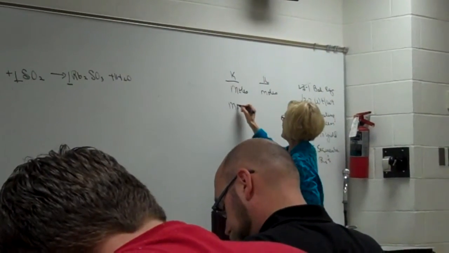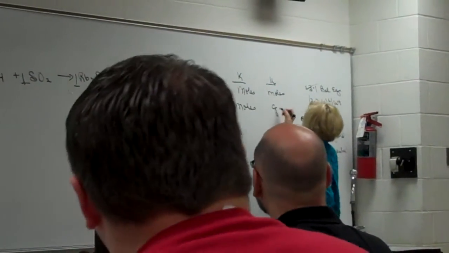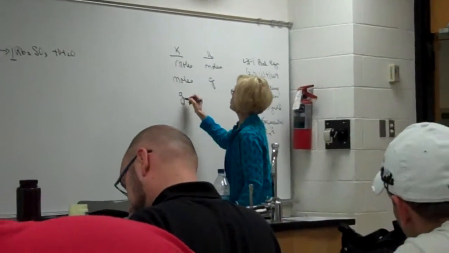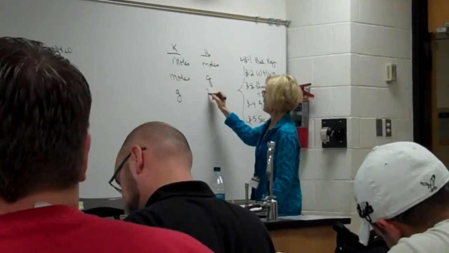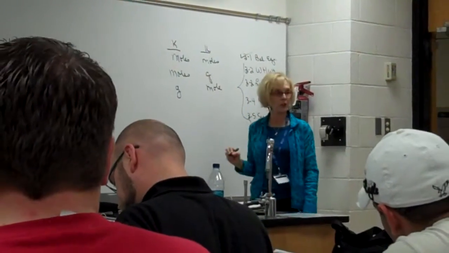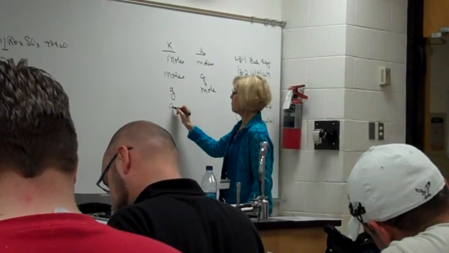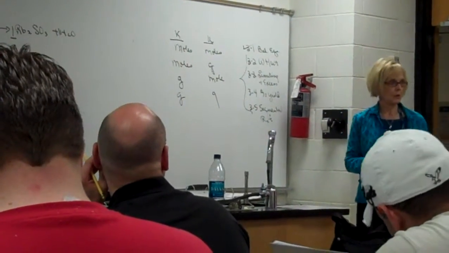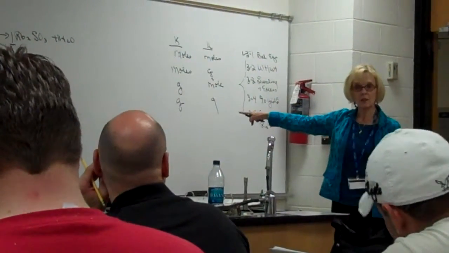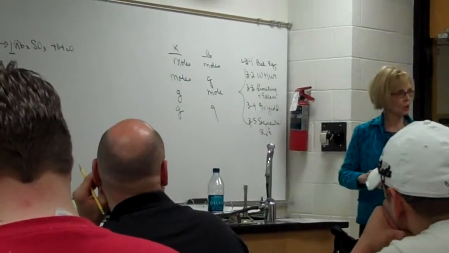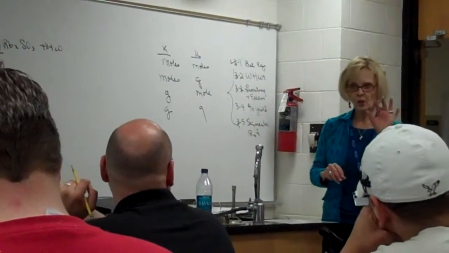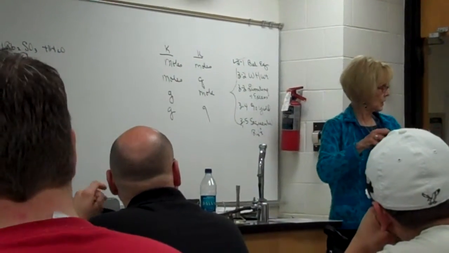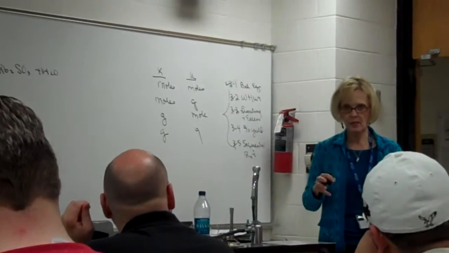Or they can give you moles, and they ask for grams of unknown. Or they can give you grams of known and ask you for moles of unknown. Or they give you grams and they want grams. That's probably the most common, but what you have to be ever alert for is which one they're giving you, because you do different things depending upon what they're giving you and what they're asking for.